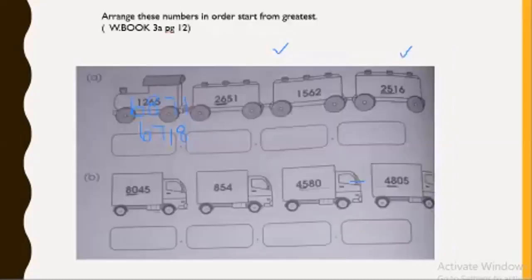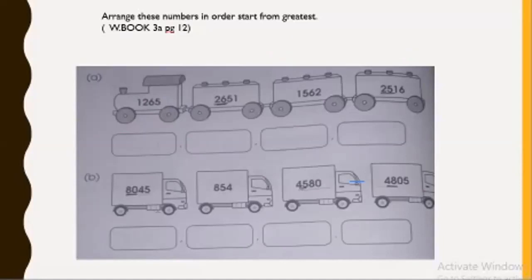Let me first raise the board because there is still something written over here, so I need to clean the board. And yes, let's read the question first. Arrange these numbers in order, starting from greatest. This is the same picture that I downloaded from your workbook to make you understand it well.